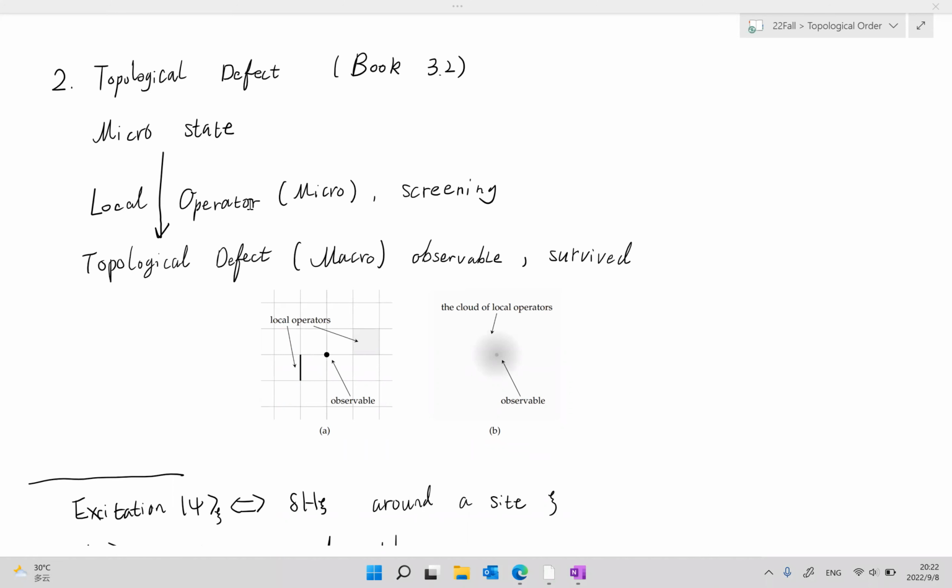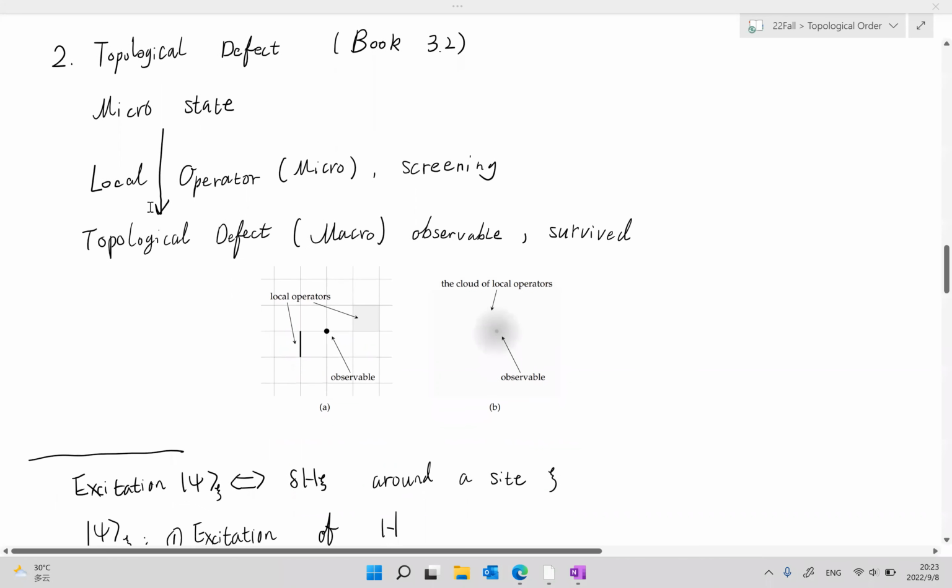When we do this process, only some macroscopic observables survive, and all other local things will be screened by the local operators. So we should say a topological defect is something that survives after this coarse-graining.